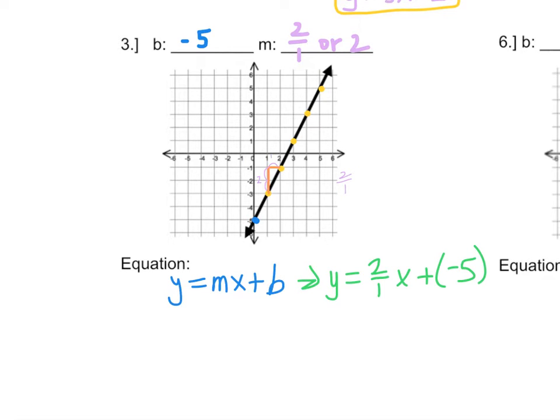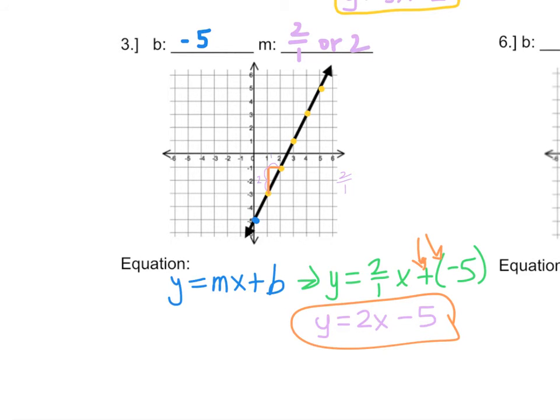So I feel like I want to simplify that one. So y equals 2x minus 5 is our most simplified version of this. Okay, so I don't need the plus and the minus, just one operation there. That's why we simplify it.